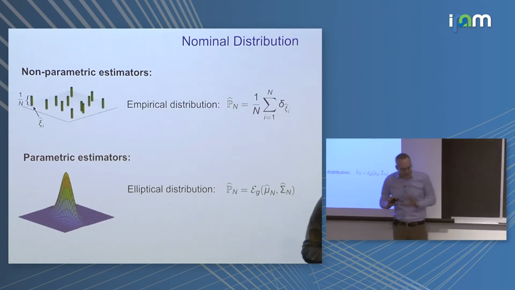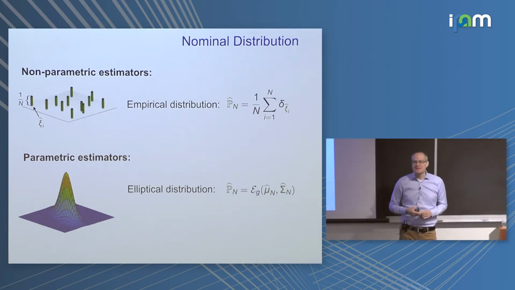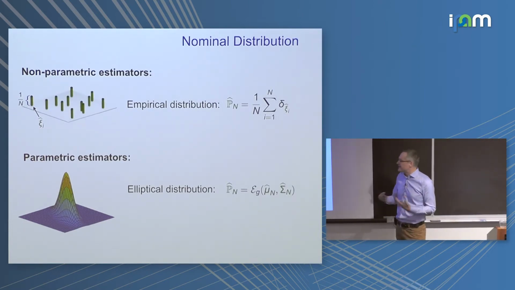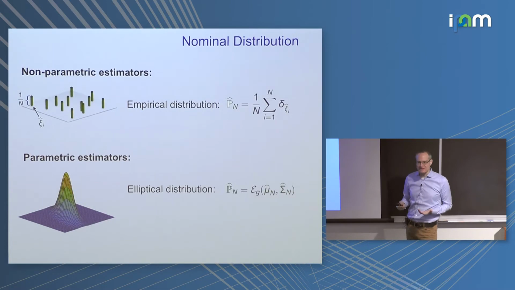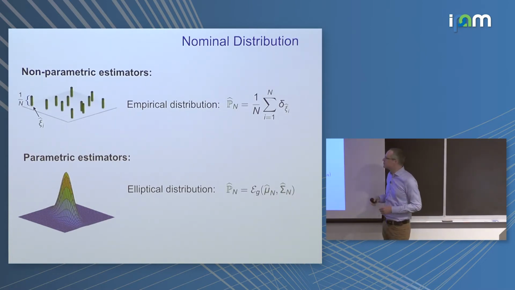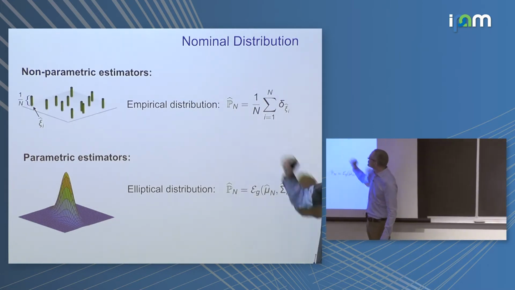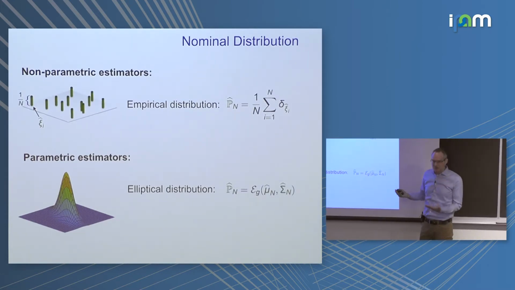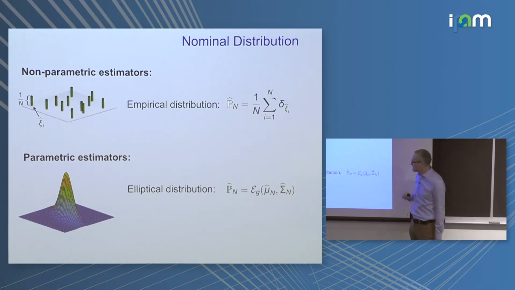Okay, so throughout the talk, I would like to work mainly with non-parametric and parametric models for the nominal distribution. In the absence of any structural information, a very convenient choice is to work with the empirical distribution. So this is just a discrete uniform distribution on the training samples.